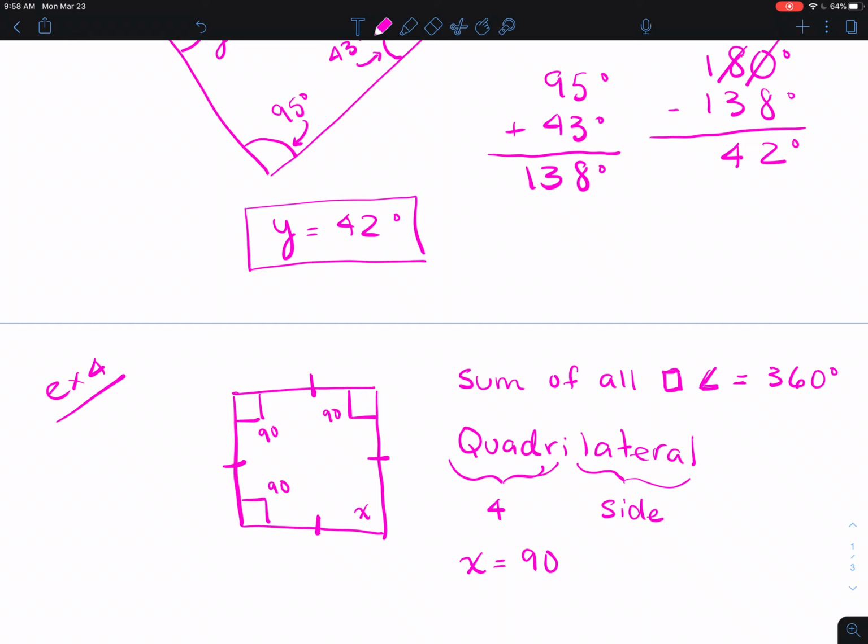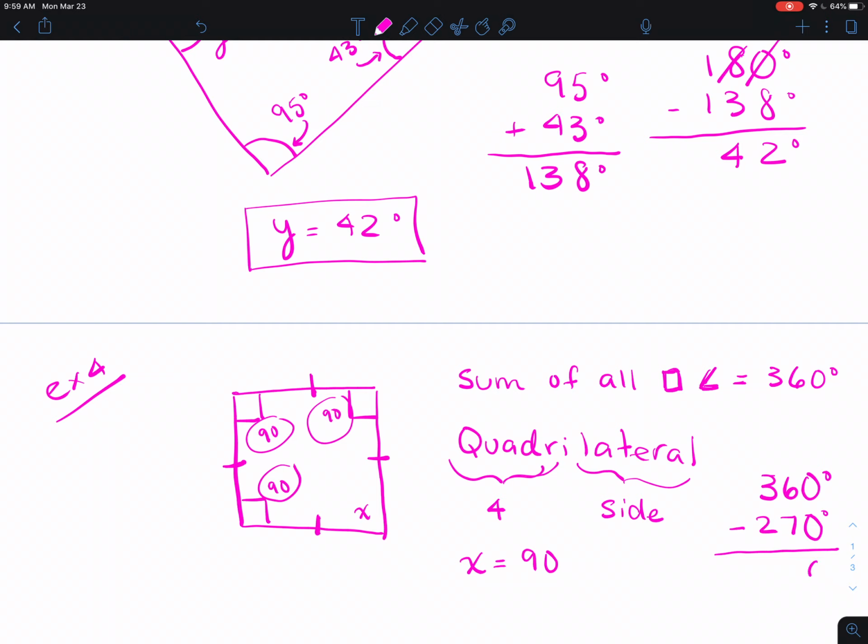But pretend you didn't know. Go ahead and add up 90, 90, and 90. 9 times 3 is 27, so it's going to be 270. So you take 270 and you subtract it from 360. So 360 minus 270 degrees.